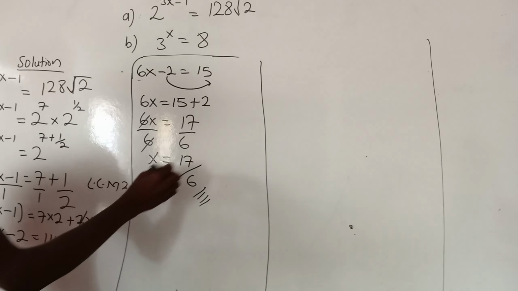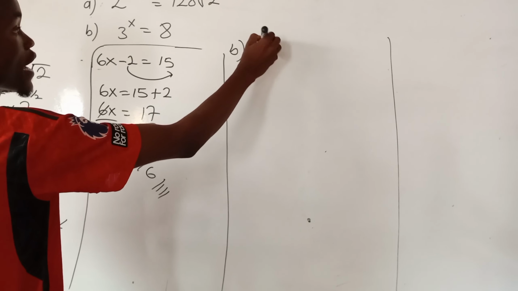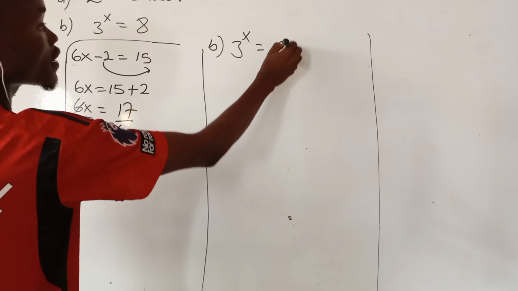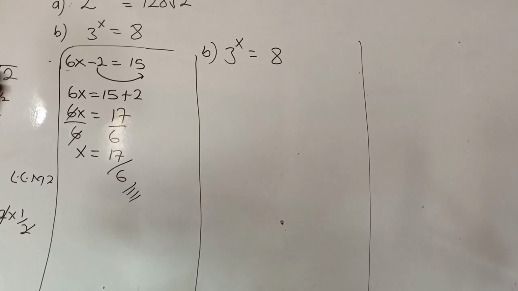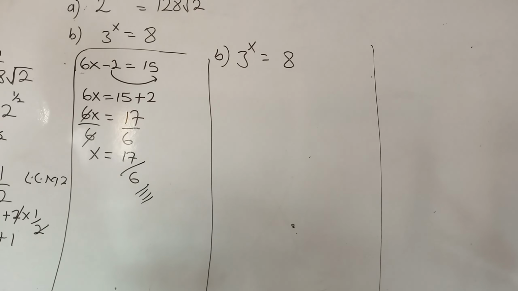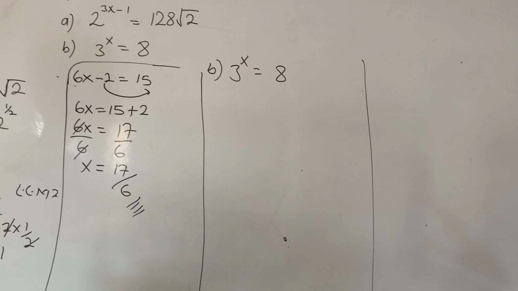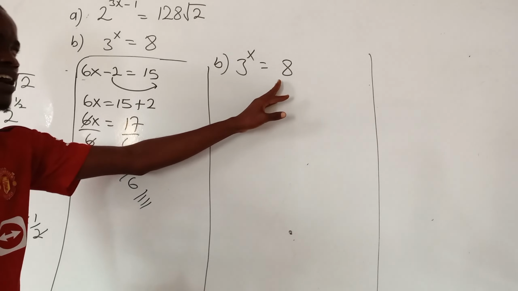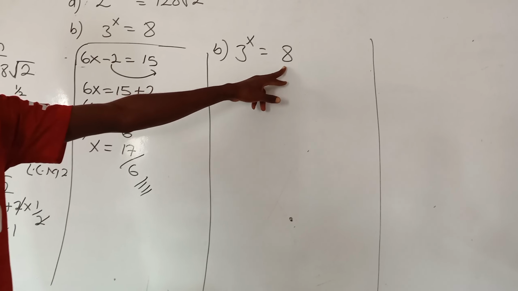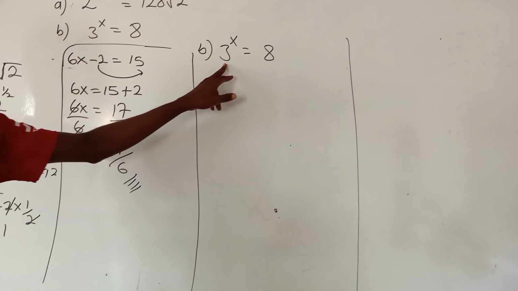Now we go for B. B says 3 raised to the power x equals 8. Mind you, in most of the problems that we have solved, we ensure that the bases are the same. But in this case, can you express this 8 so as to have the same base as 3?